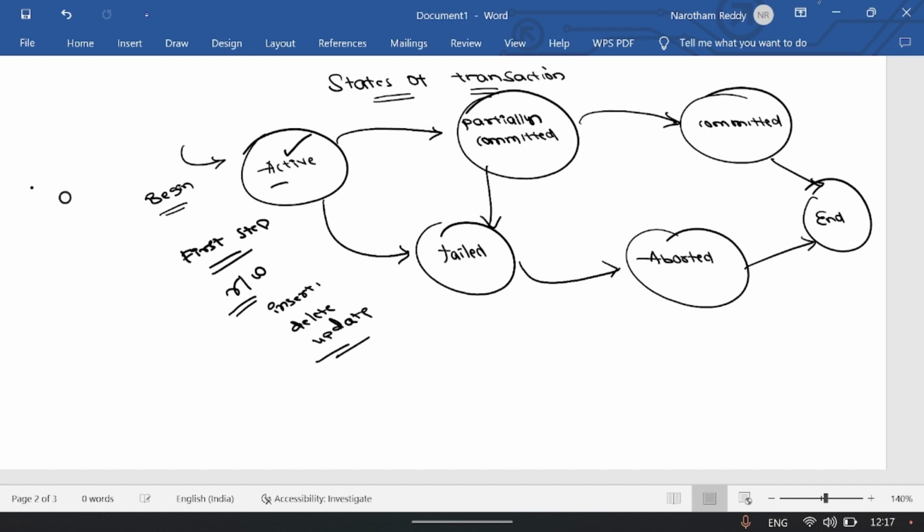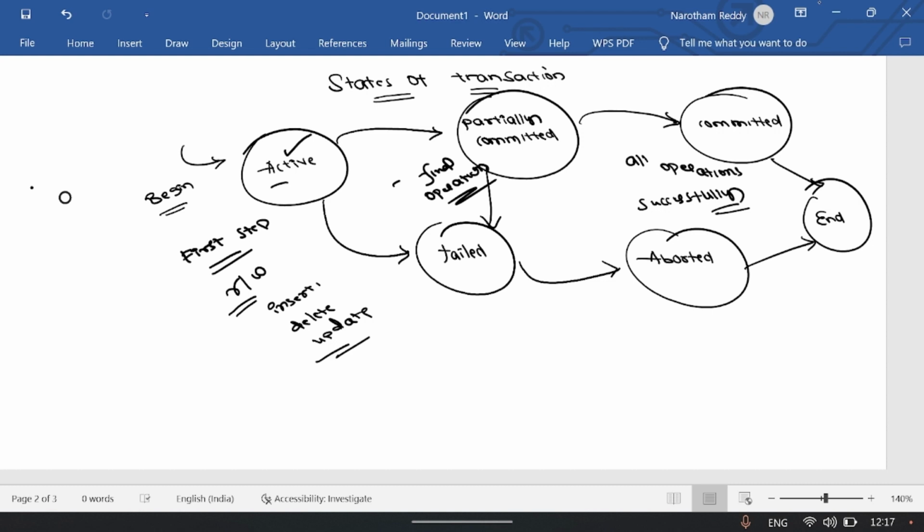Now partially committed: a transaction executes its final operation, but the data is still not saved to the database. Now the committed state: a transaction is said to be committed if it executes all operations successfully.